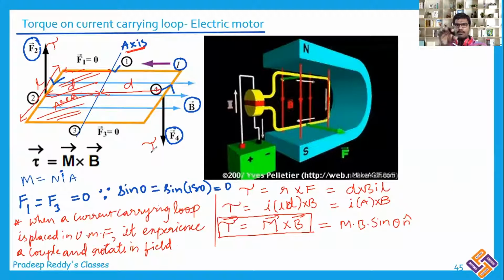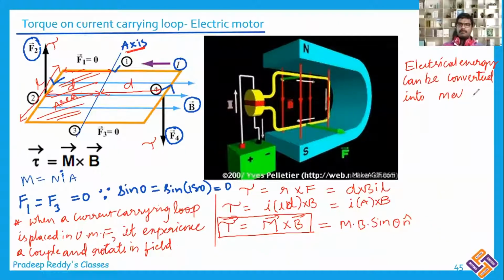So being in its own position, the coil will undergo rotation, and because of that coil rotation, electrical energy can be converted into mechanical energy.